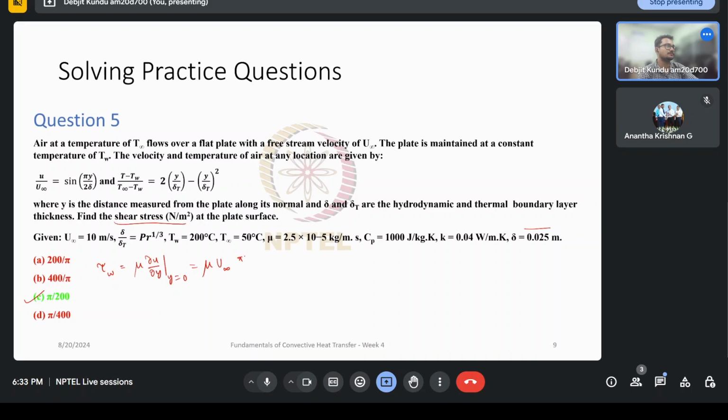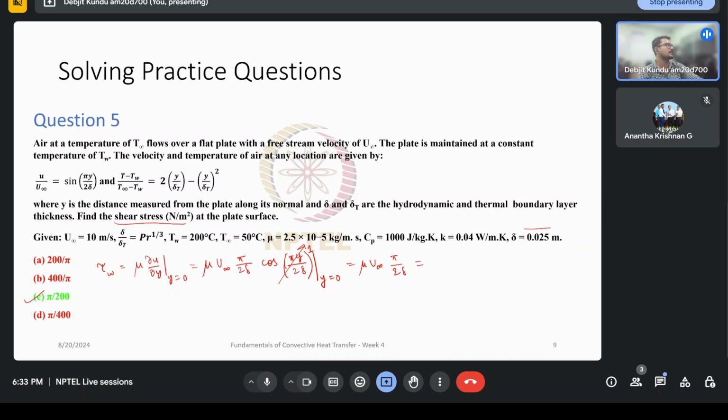First of all, pi by 2 delta would come out, and then differentiation of sine would be cos of pi y by 2 delta. Since we are evaluating this at y equal to 0, the argument of cosine becomes 0, so this goes to 1, and we are left with mu into u infinity into pi over 2 delta.